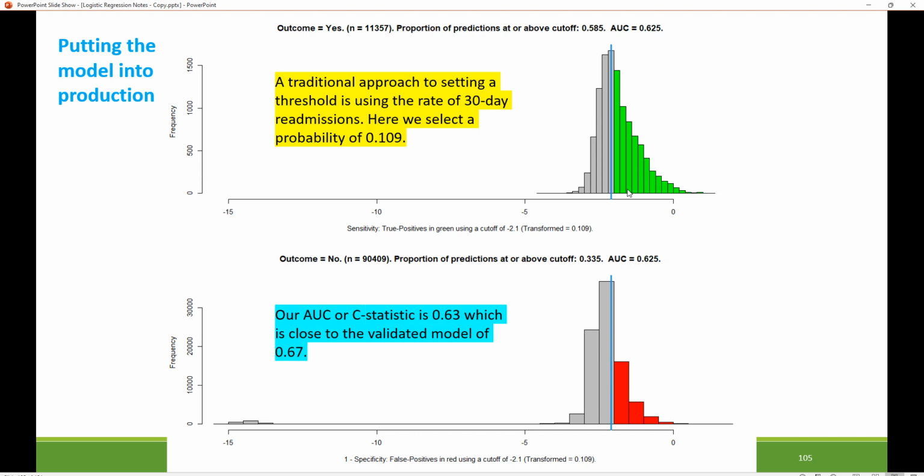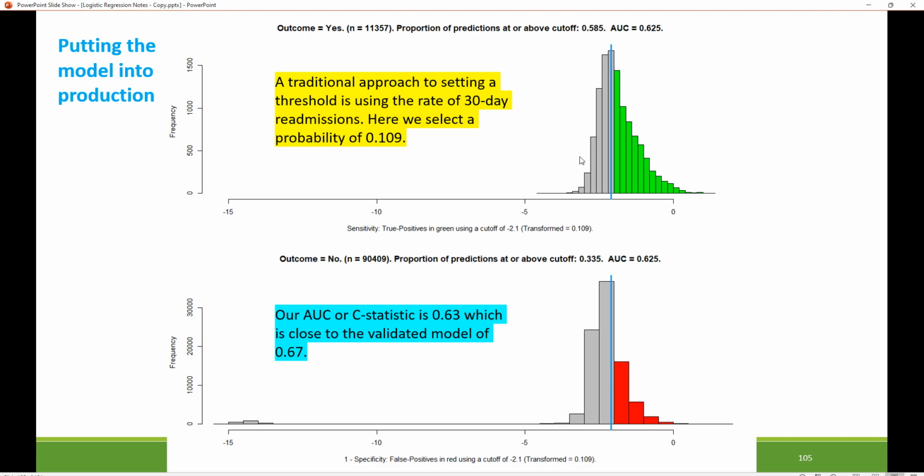True positives are what we refer to as sensitivity, and in this second graph, the bottom half graph, that gray part represents the true negatives. These are the patients we don't think would have a readmission, and they did not, and we refer to that as specificity.